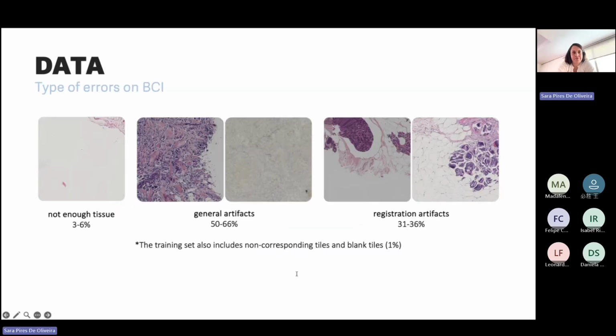More than that, when we were doing this evaluation, and also when we started developing the model, we started wondering why our model doesn't perform that well, since we are doing everything right. Then we checked the data a bit better, and what we found was a lot of artifacts, for example tiles not having enough tissue. So it's basically background.